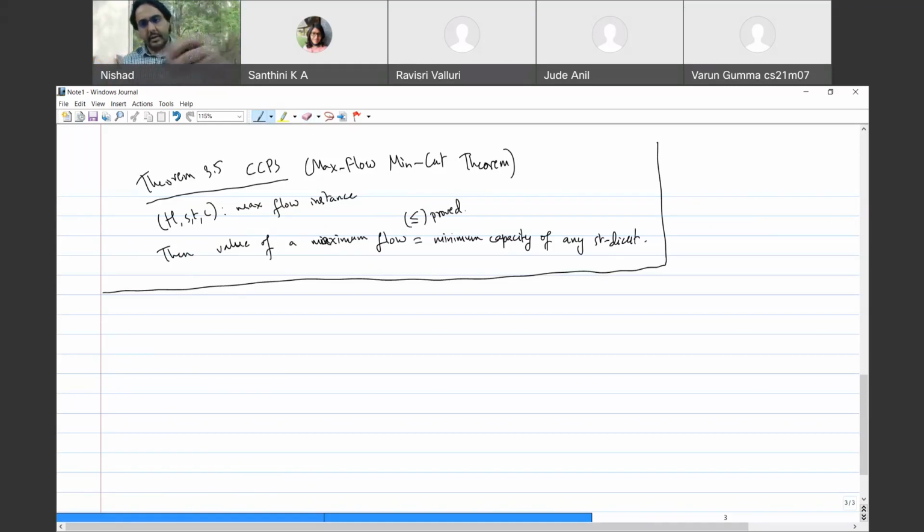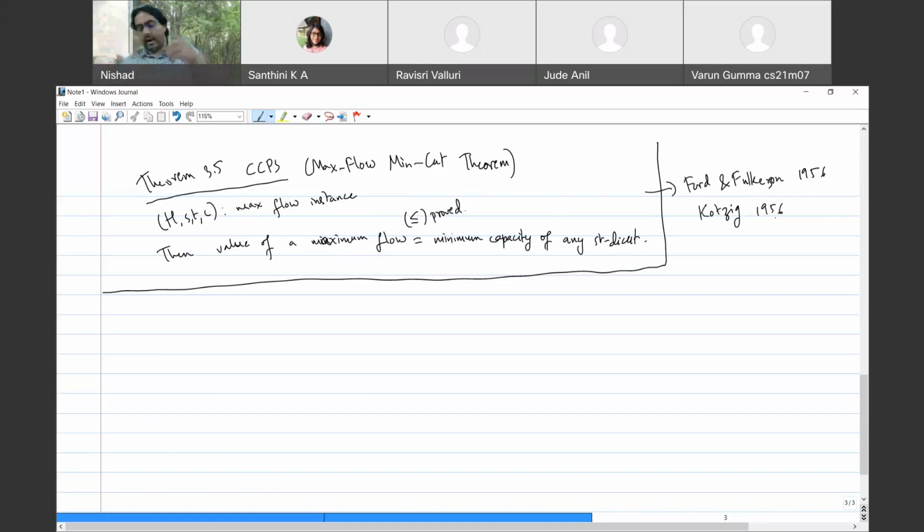Right. So this is due to Ford and Fulkerson. You might have seen the Ford-Fulkerson algorithm in some of your other courses, and also due to Kotzig, who did it independently, both in 1956.